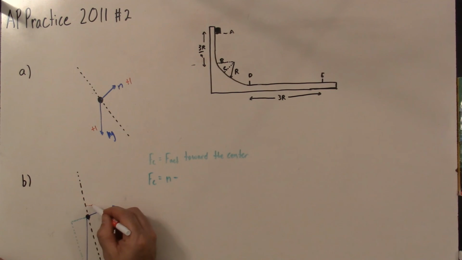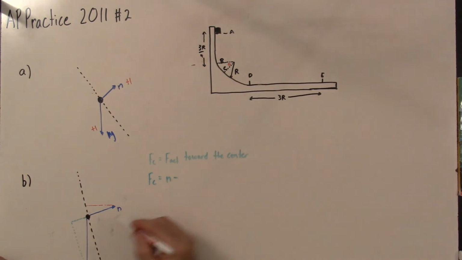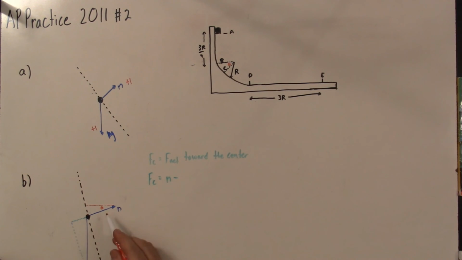If I draw this horizontal relative to the board here, it intersects that. And the diagram gives you theta right there. So I'm going to say that that is the same theta, because this is along this axis there. So that's theta. Which means that this one would also be theta. Which means that this would be theta.